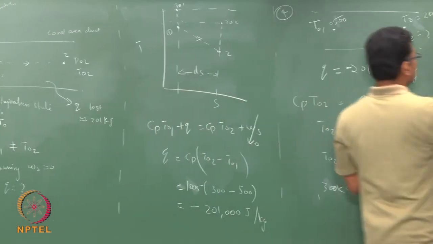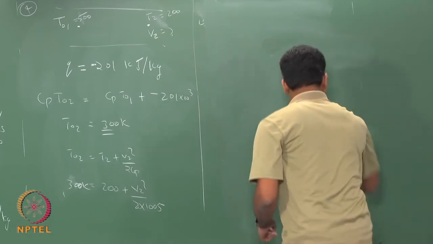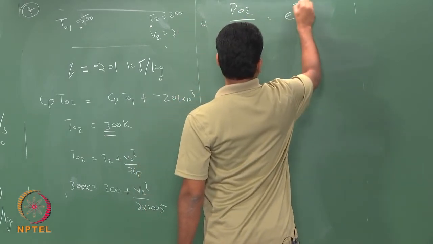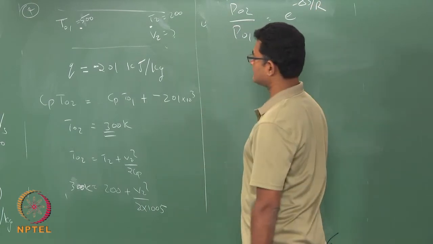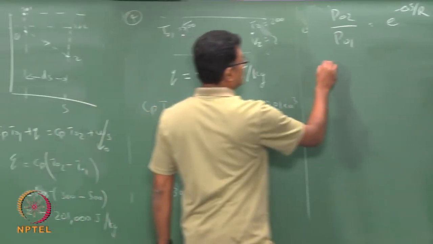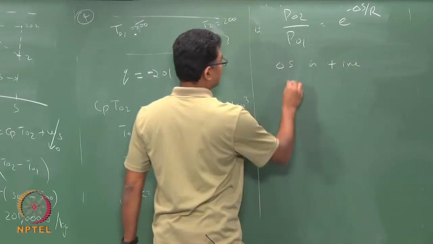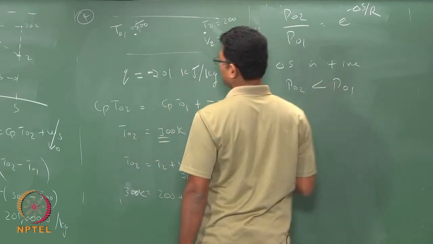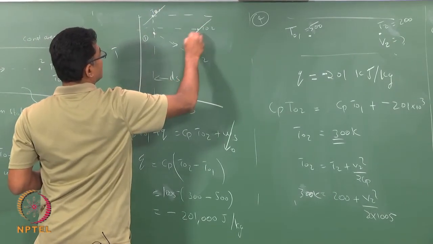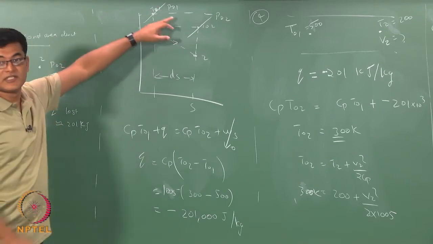If the delta S is there, then we have also seen the change P02 by P01 is e power minus delta S by R. Since delta S is always positive, your P02 is always less than P01, which means the P0 here, P01 and this is P02, P02 is always less than P01.